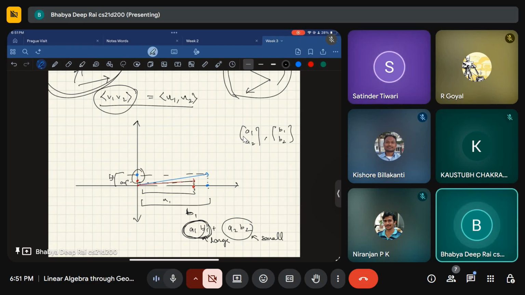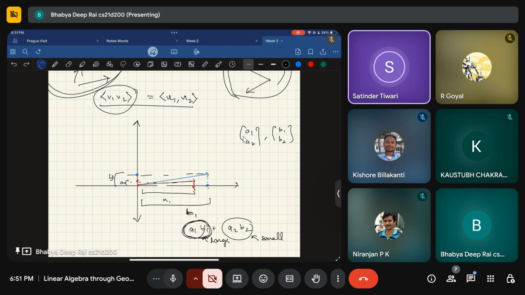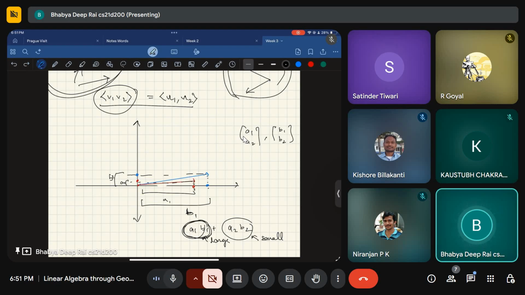But geometrically, how do we draw the lines? Because a1 times b1 means you take these b1 units and then multiply it a1 many times. But what is it representing? Why is it representative of the direction of the two vectors?